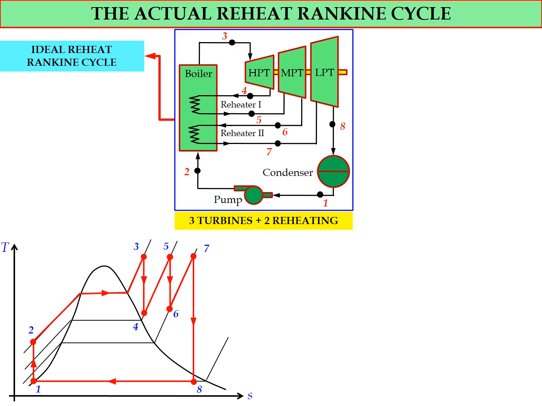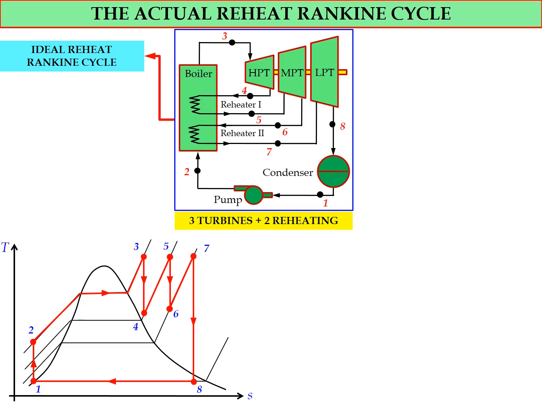Then we have the reheating process from state number 4 to state number 5, so the phase will be superheated vapor, and the steam will enter the medium pressure turbine for the isentropic expansion process, and then come out from the turbine for the second reheating process in the boiler, and the temperature will increase again at state number 7. Then the steam will enter the low pressure turbine and come out from the turbine at state number 8.